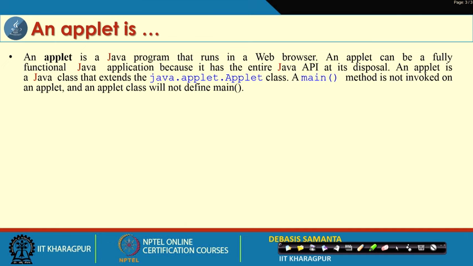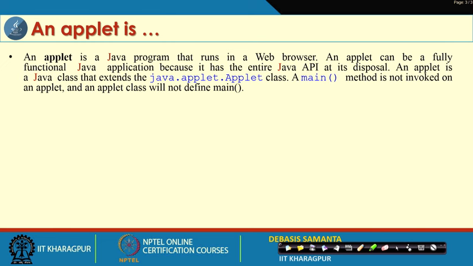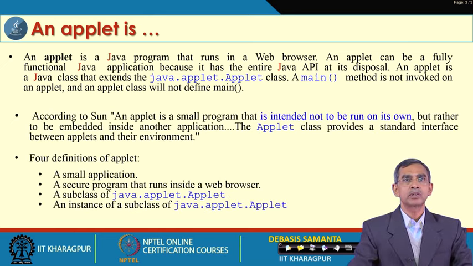Now, AWT in that sense is similar to core programming, in that we do not need any web browser to run a program developed using AWT. So this is one difference. There are many more differences also.